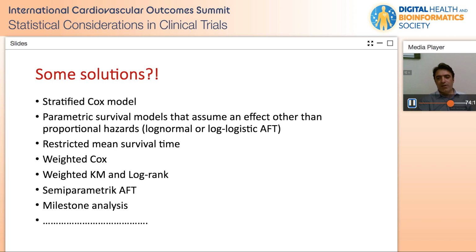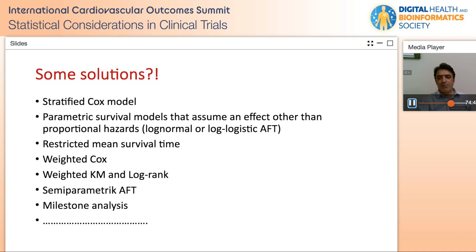There is a bunch of methods recommended in the statistical literature in this respect, such as stratified Cox, log-normal or log-logistic AFT, restricted mean survival time, weighted Cox, weighted Kaplan-Meier, weighted log-rank, semi-parametric AFTs, milestone analysis, and so on.